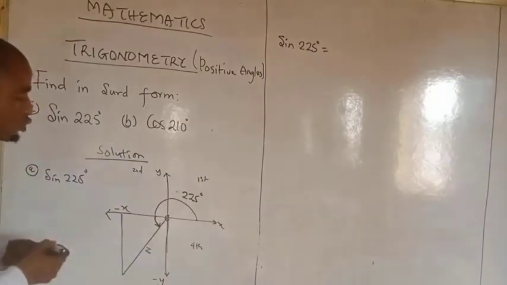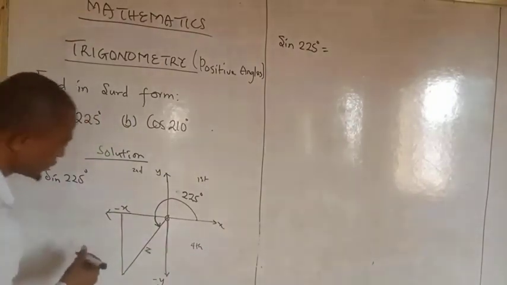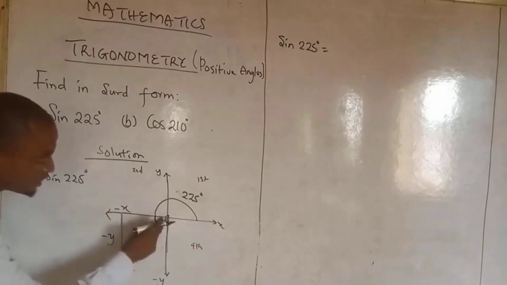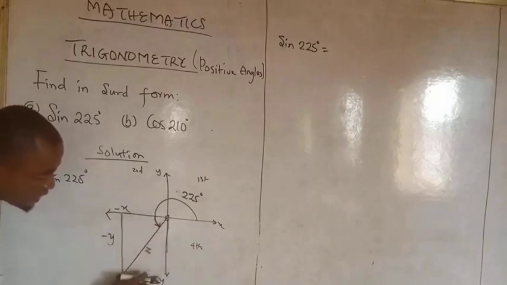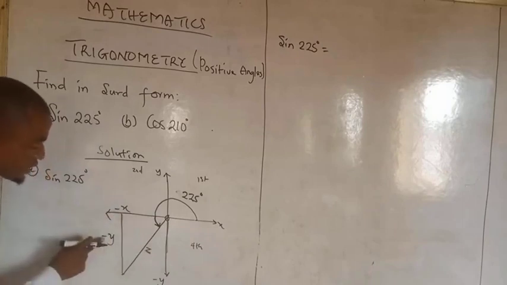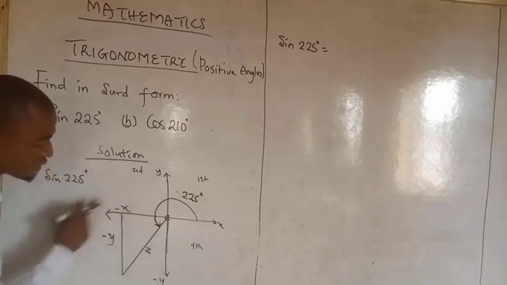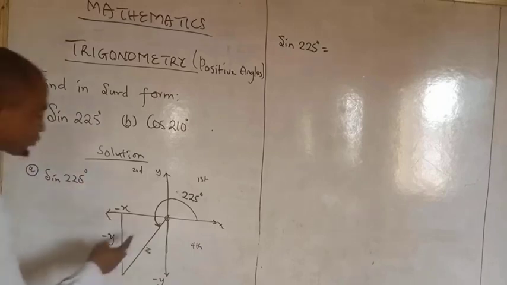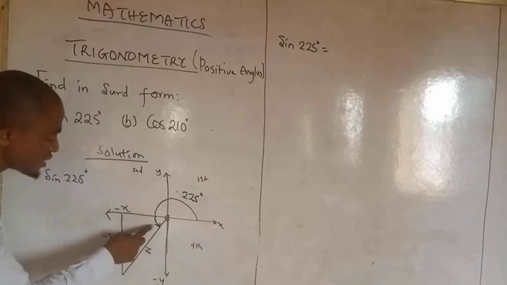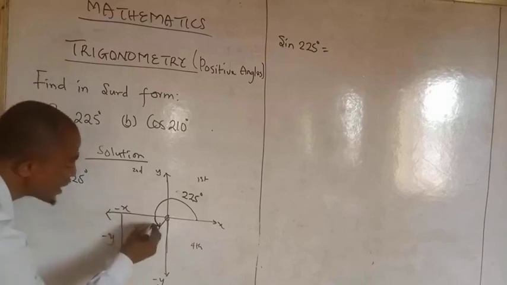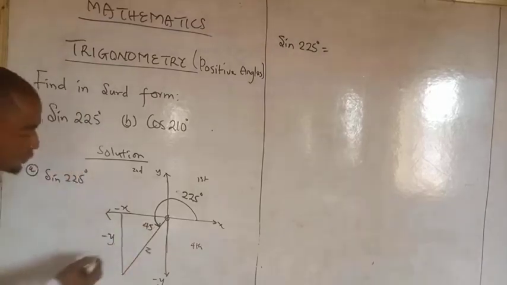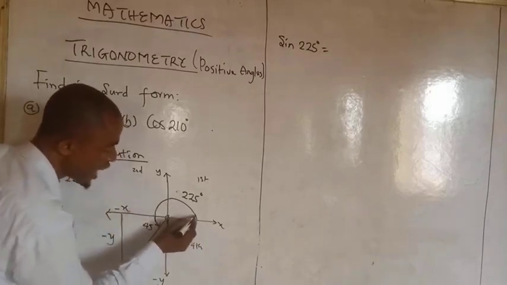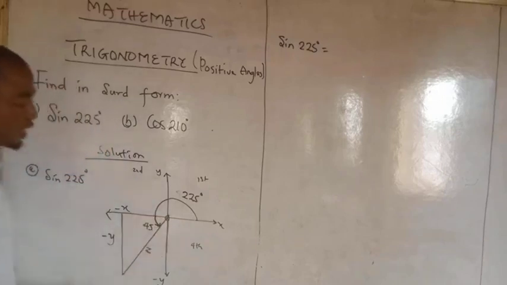This is negative y, this is negative x, and this is z. The angle here will be 45, from here to here is 45. The remaining one here is 180. So if I add 180 with 45, I will get 225.